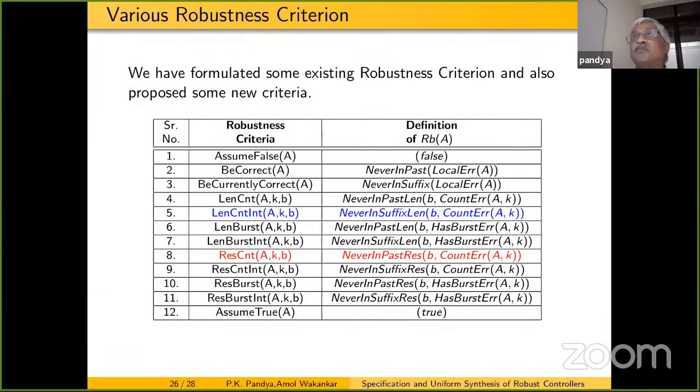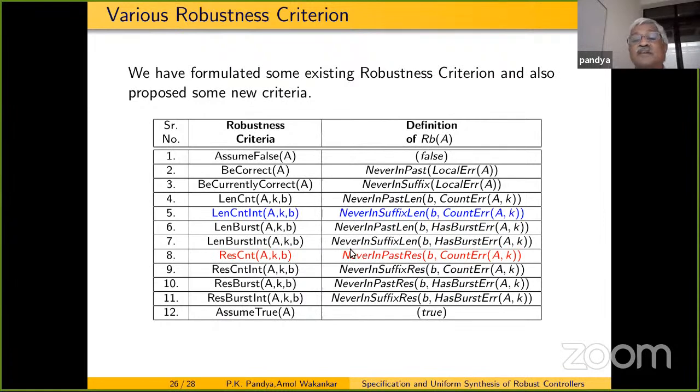These periods of length at least b are called recovery periods. So all assumption violation periods with at most k violations are followed by recovery periods of length b with no violations, and this can alternate any number of times. If such things happen, you should be able to maintain the commitment forever. So this can tolerate a lot of assumption violations, but you have to give enough recovery periods.